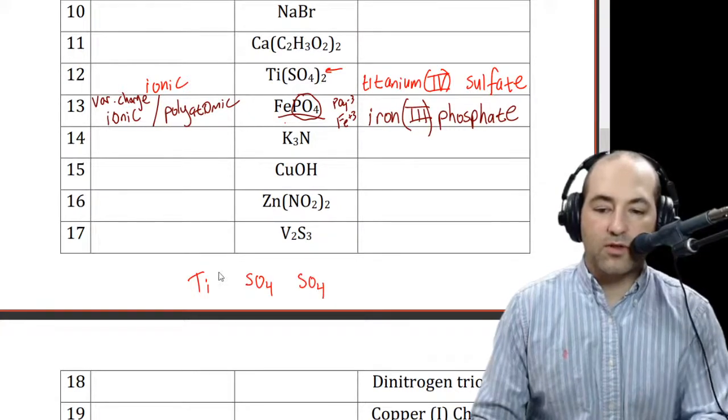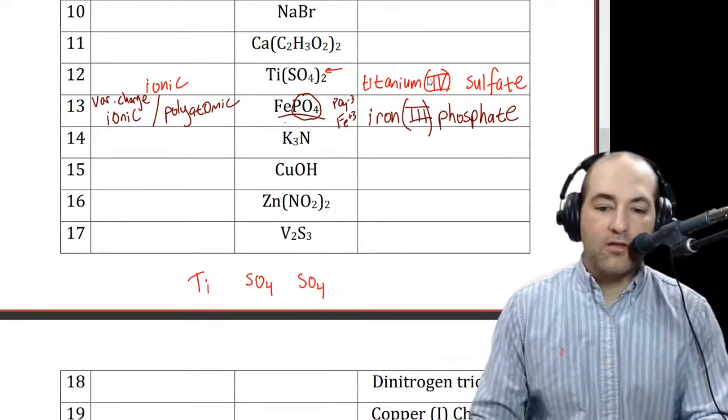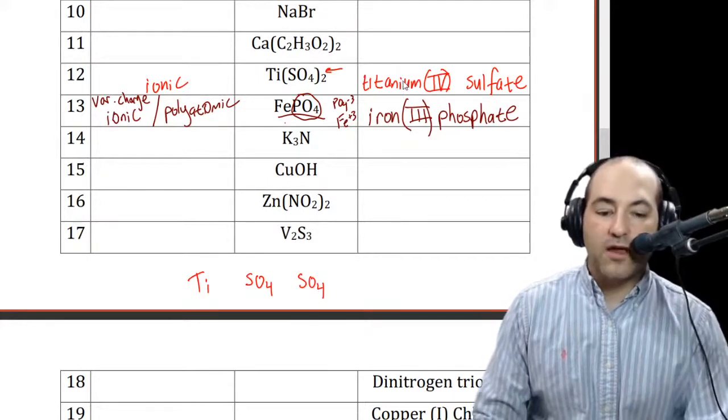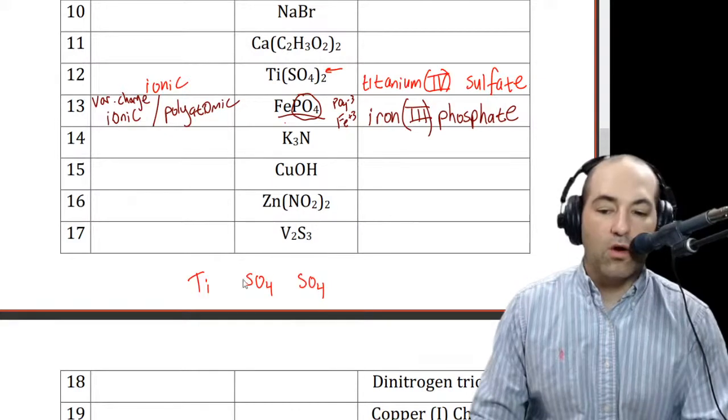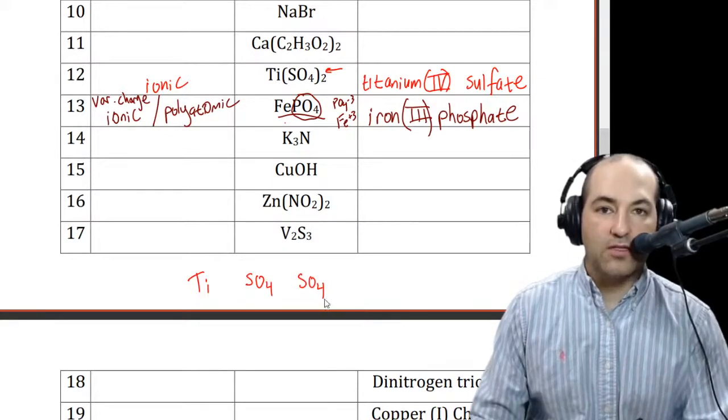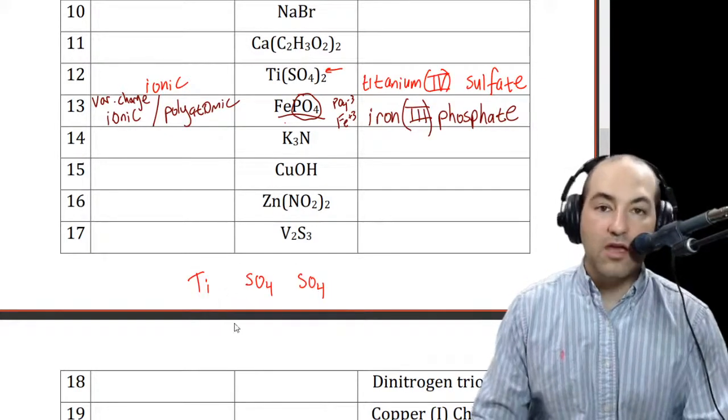That's what the formula tells us. But the number in the parentheses is the charge on titanium. So to figure out that charge, we need to know the charges of the anions, the sulfates, and then what titanium has to be so that the overall charge becomes neutral.